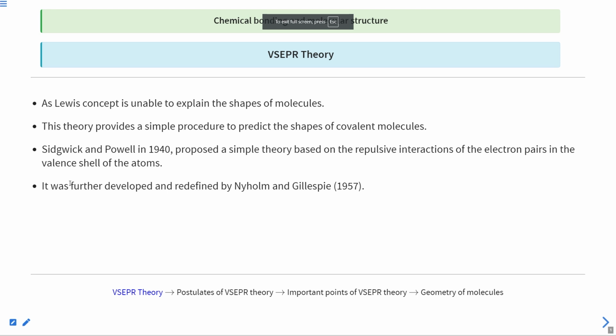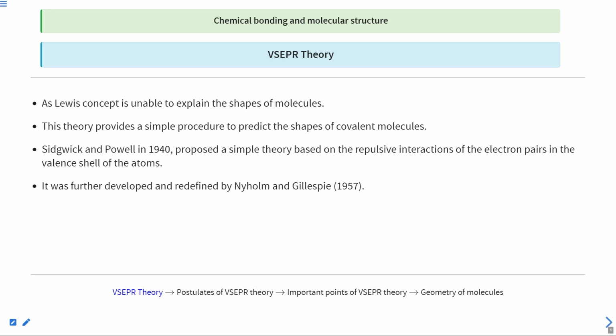Now we have already seen both covalent and ionic bond formation with the help of Lewis dot structure. But this Lewis concept was not enough to explain the bonding. So for that we introduced the VSEPR theory. Since the Lewis concept was unable to explain the shapes of molecules, Sidgwick and Powell in 1940 proposed a simpler theory, based on the electrostatic, repulsive interaction between the electron pairs in the valence shell.